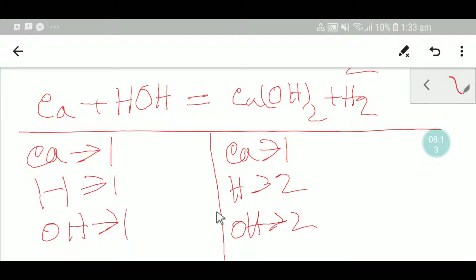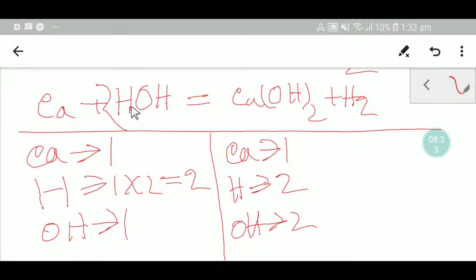To balance this reaction, what can I do? Here we have two hydrogen, but here we have one hydrogen, so I can multiply here by 2, that gives me 2. These 2 must come before this hydrogen, so I have to place here 2.